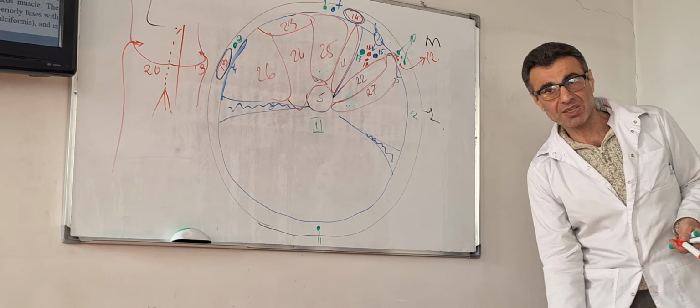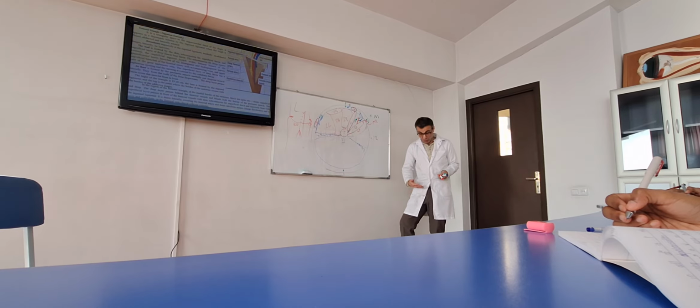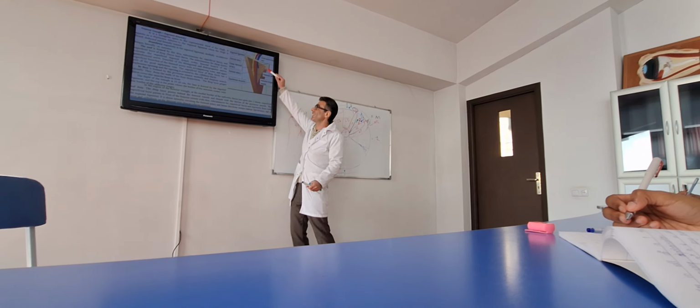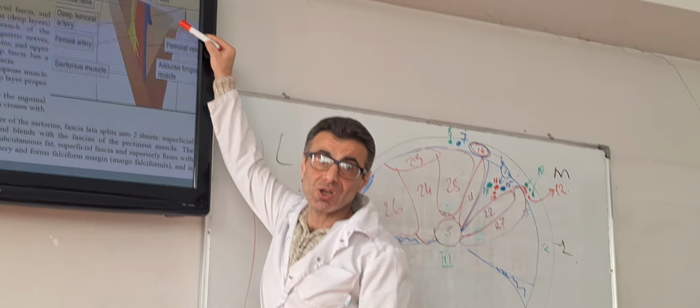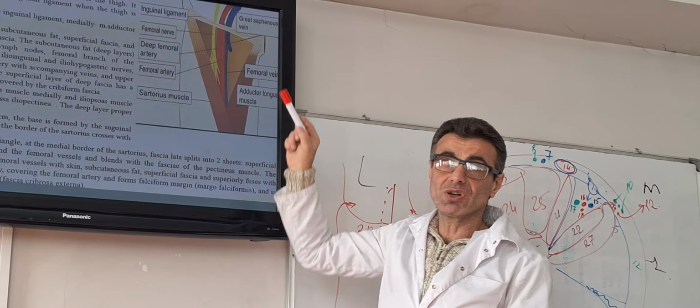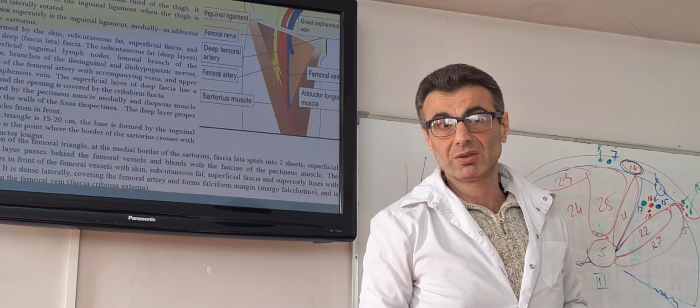Laterally it is the sartorius, medially it is the adductor longus, and from above it is your inguinal ligament. You can now recognize these structures. These are the borders of the triangle.